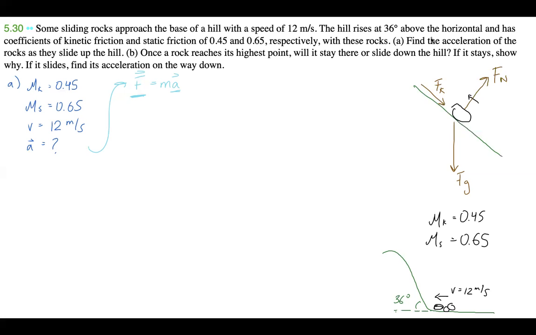All right. So now also what we want to do is define some type of coordinate system, right? And with a ramp, I'm not going to explain why, but it's in your best interest when you have ramp problems to set up your coordinate system sort of like this. You can solve it the other way, but what ends up happening is you end up with so many different components.